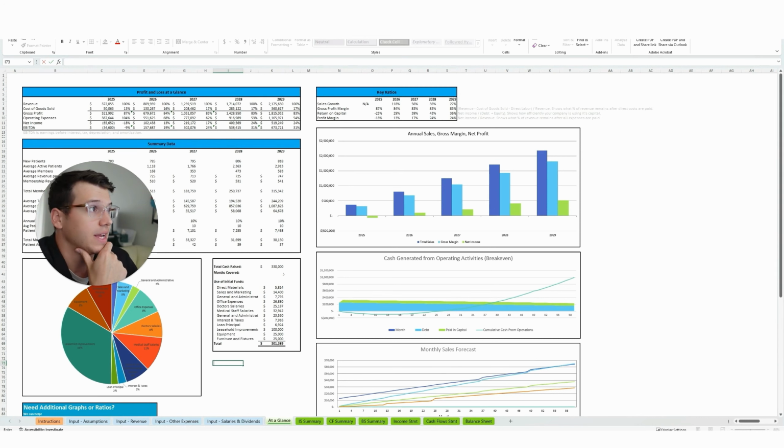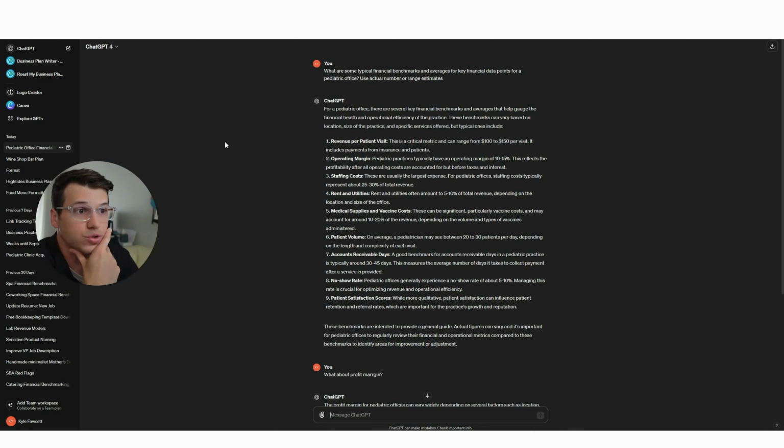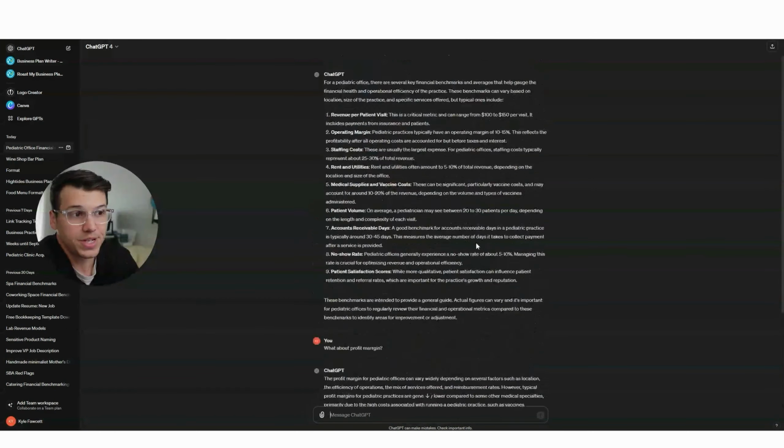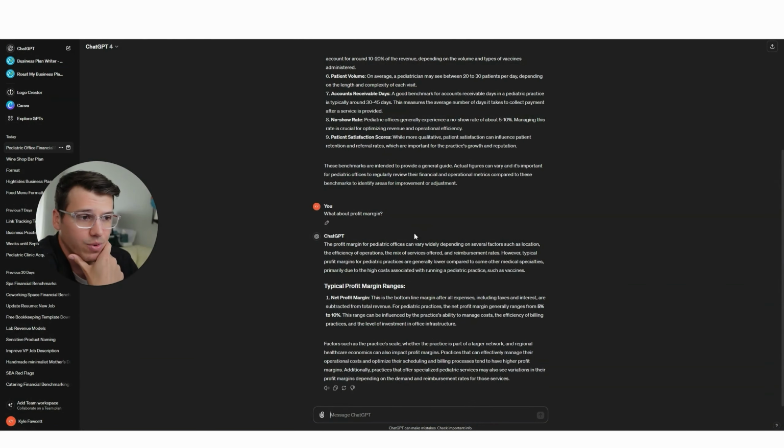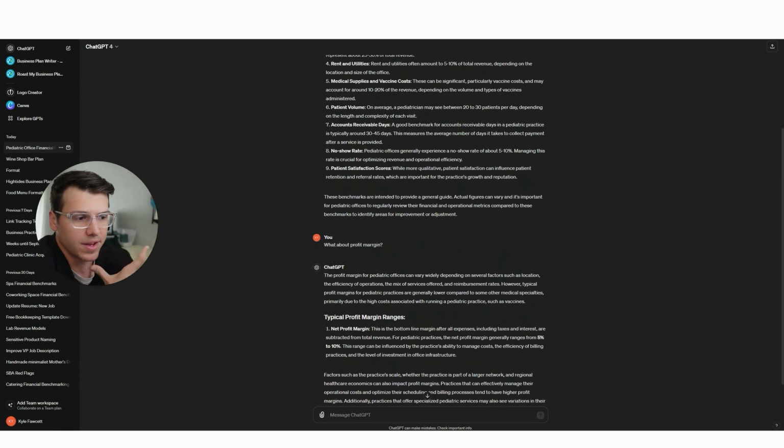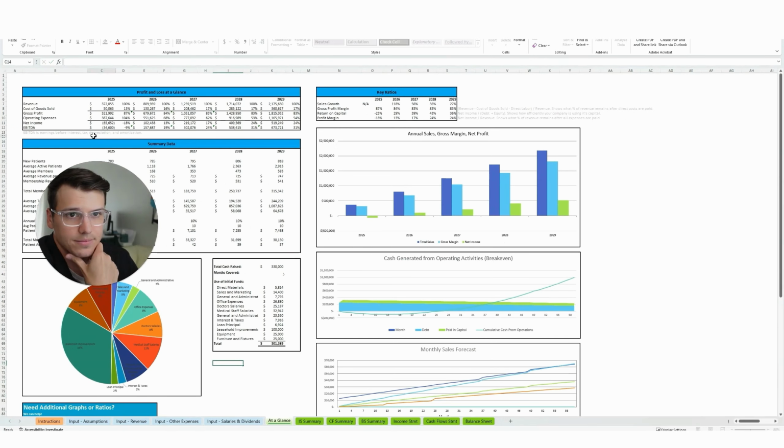You can Google things one at a time, like what's the typical profit margin for a pediatrician. You can use a tool like ChatGPT to give a bunch of the recommendations all at once. So for example, I asked, what about a profit margin for a pediatric office? 5 to 10% range, can be influenced by a lot of things, but sure, let's assume 5 to 10%. I'm going to come over here and look at my profit margin.